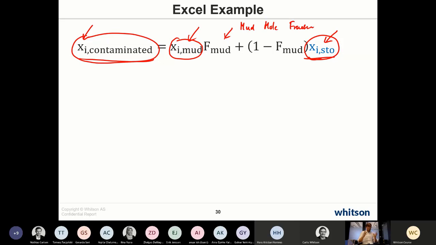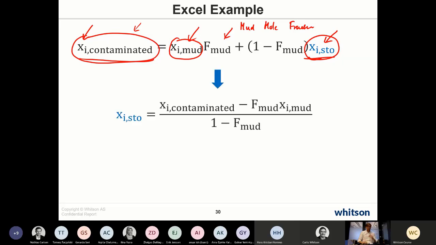So how much of the total moles of this guy is actually mud contamination versus actual stock tank oil? What we like to find is the guy in blue here. If we take this very simple equation and solve for x_i stock tank oil, we get the following relationship.